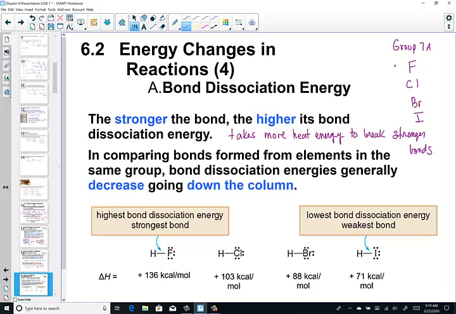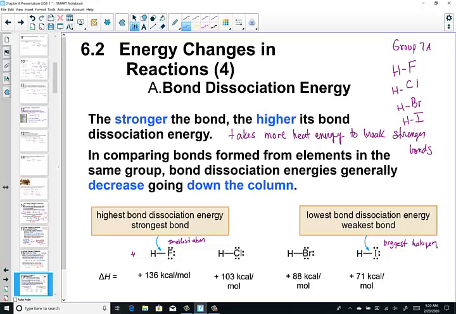Now, if we consider just a bond between HF, HCl, HBr, and HI, and that's what we're showing here, the strongest bond is between the smallest atom. Fluorine is smaller than chlorine. Chlorine is smaller than bromine, and iodine is the biggest of all.